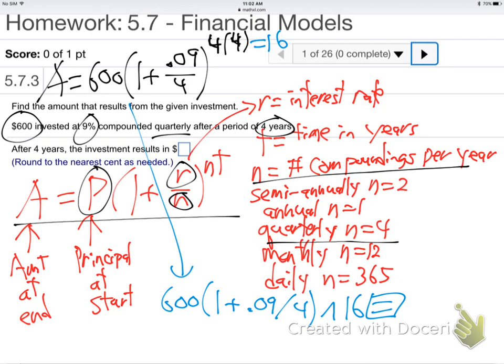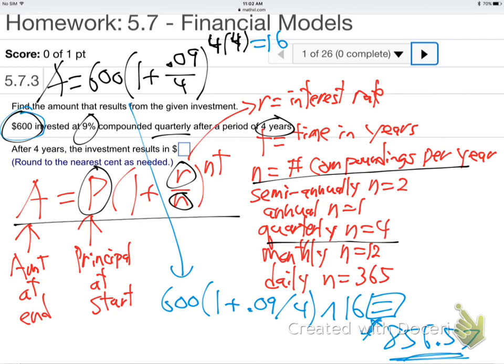Did y'all get a number on that one? I'm getting 856.57. So now 600 will grow to become $856.57 after 4 years at 9% compounded quarterly.